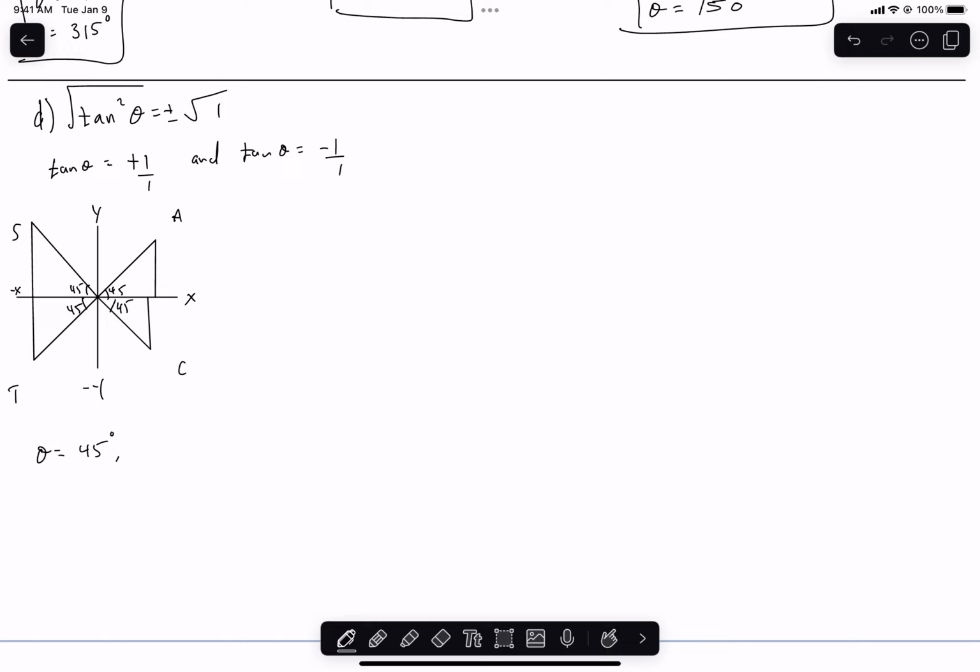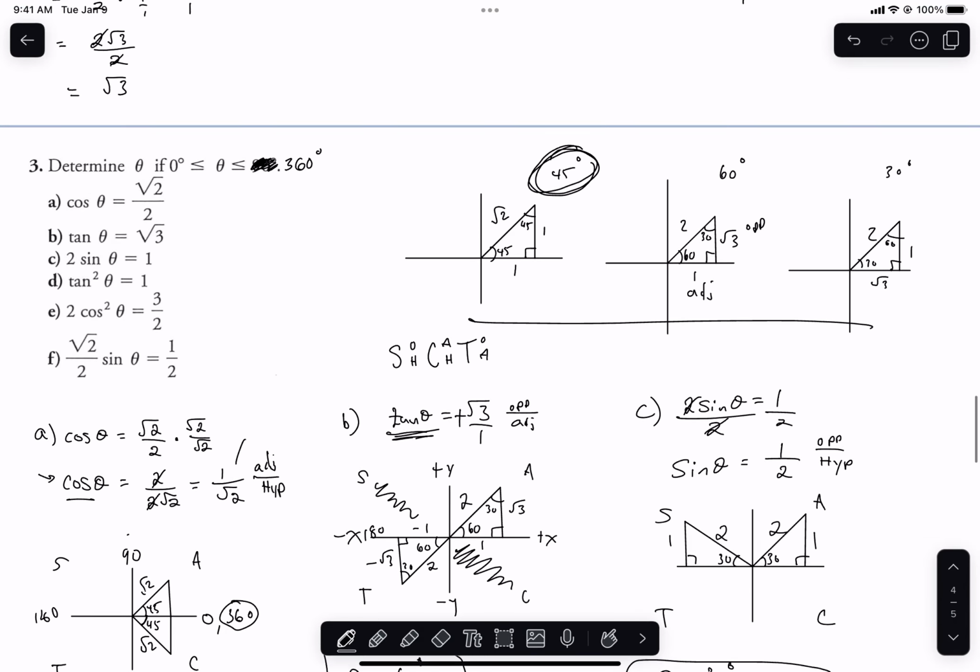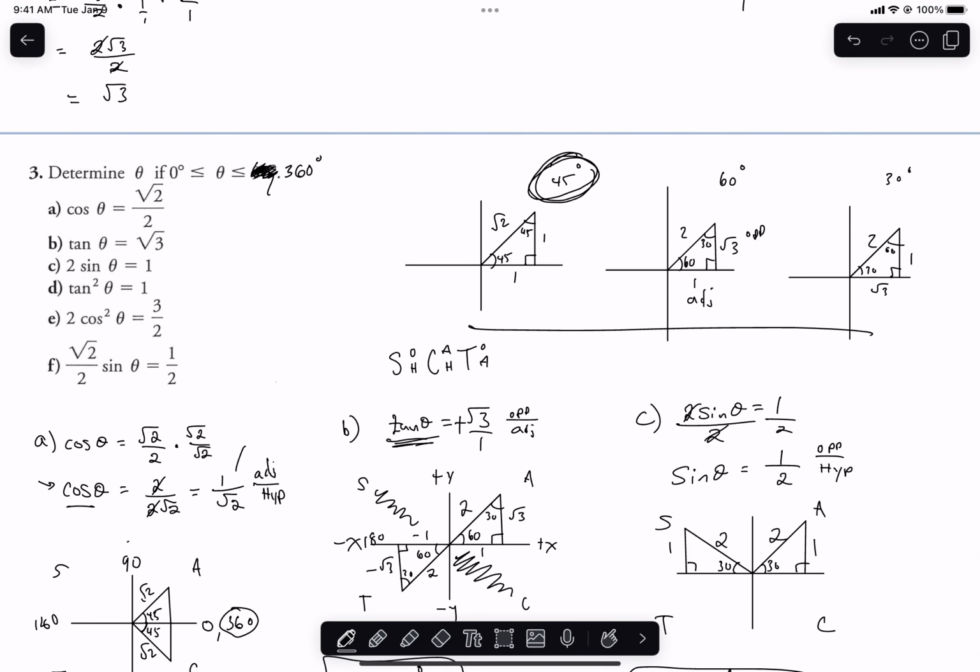We're going to get that theta is going to be 135 degrees, 225, and finally 315. So you get 4 answers for this question from 0 to 360, which is an interesting one. We changed this question to 0 to 360, which is why we're getting more answers, not just 0 to 90.